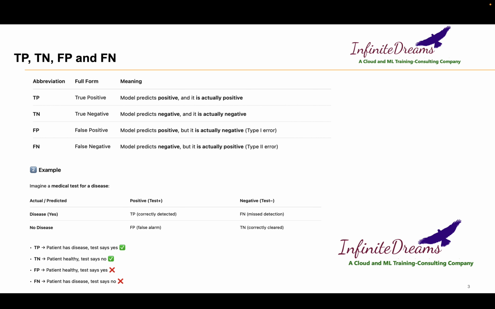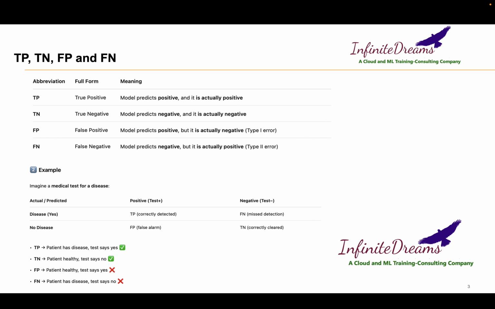And if you want to measure the performance of your classification model, how good the model is predicting, you need to understand these terms: true positive, true negative, false positive and false negative. Then you can measure the model performance. These are very confusing words, but I will give you a trick. Remember, the last word, positive or negative, is about the model, how the model is predicting.